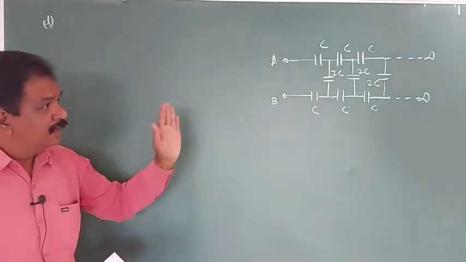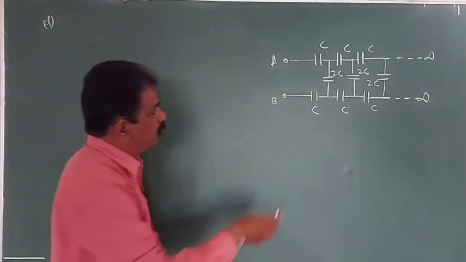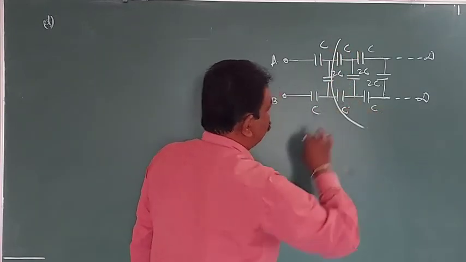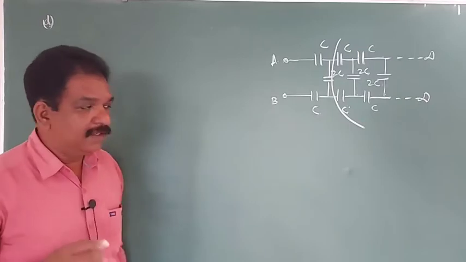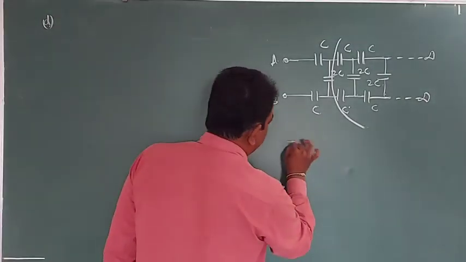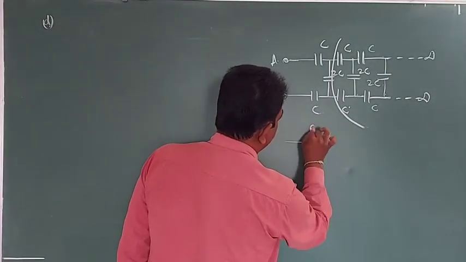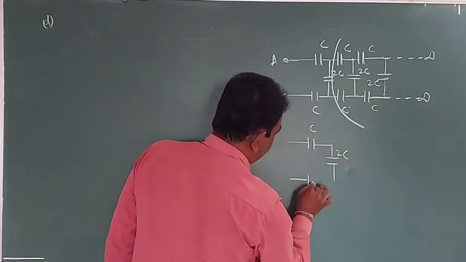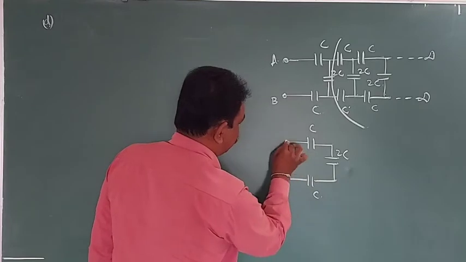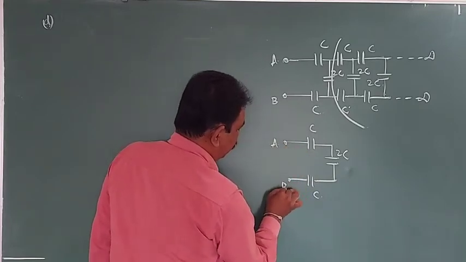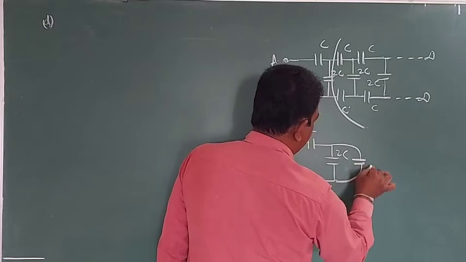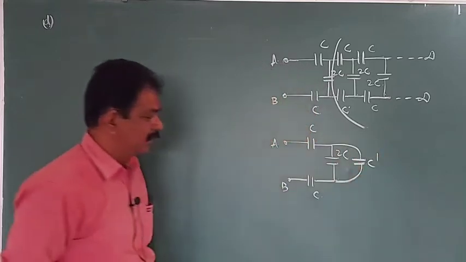The remaining part I am assuming this part as C dash. Then what will happen? Here C, here 2C, here it will be C as it is. The entire remaining part I am assuming as C dash.